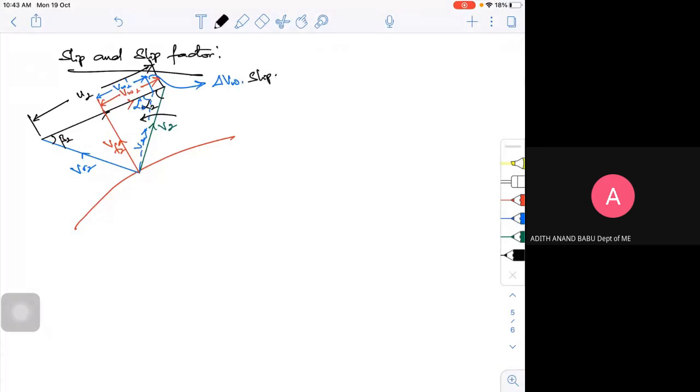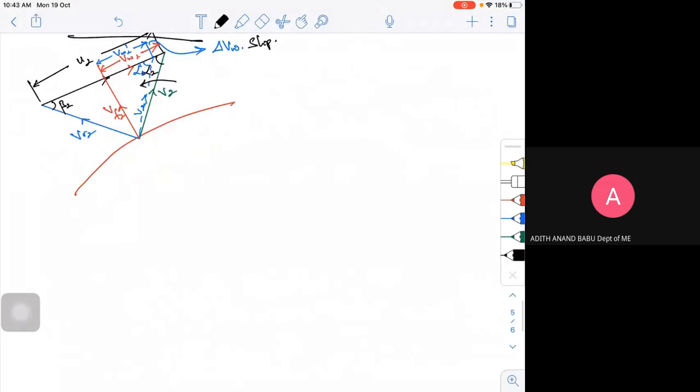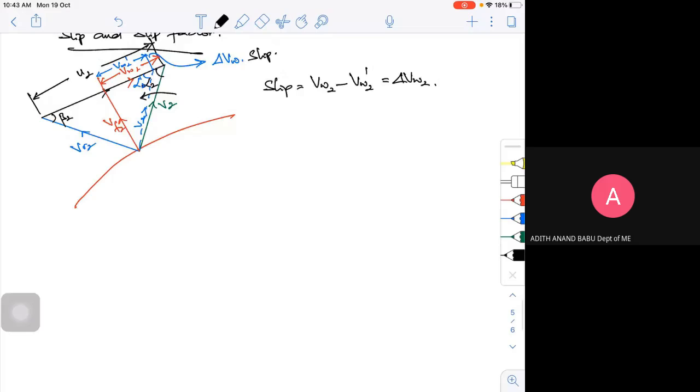What is slip actually? Slip is the reduction between the ideal whirl velocity and the actual whirl velocity. We call that delta VW2. So there is a reduction. What will happen to the work done? The work was supposed to be VW2 into U2.